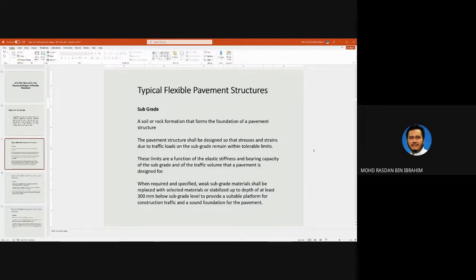So if you have very poor quality materials, then you need to remove at least 300 millimeters of the original material and replace it with a better quality material and compact it properly. The most important thing is compaction. If you look at the specification, normally the compaction is done every 300 millimeters. Is 300 millimeters 6 inches?